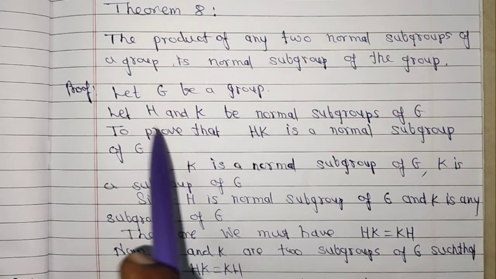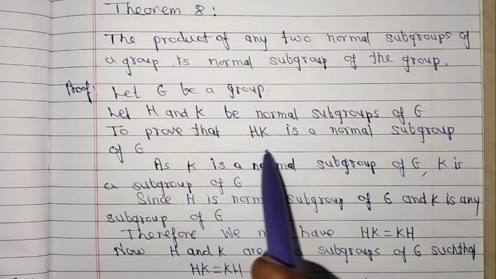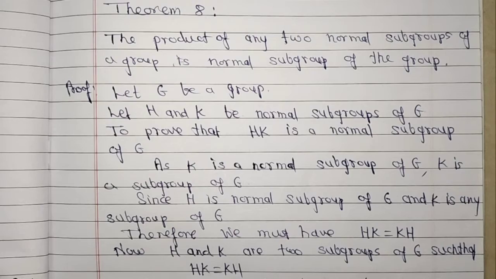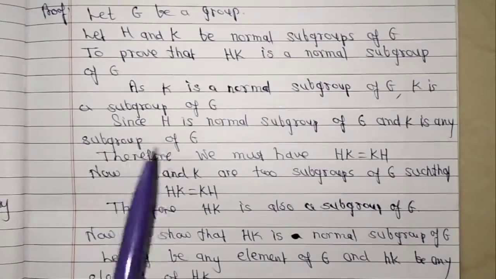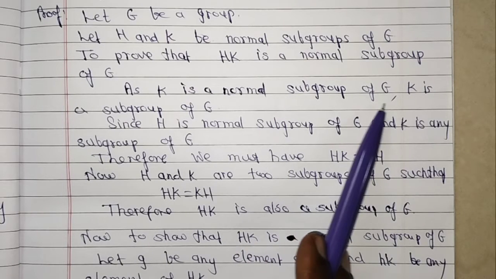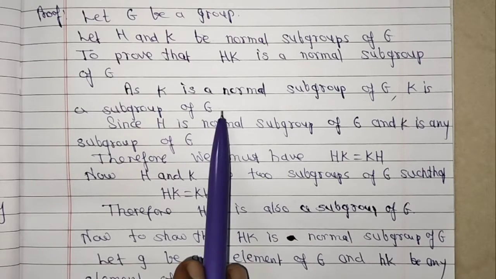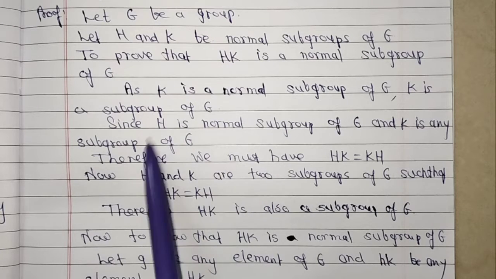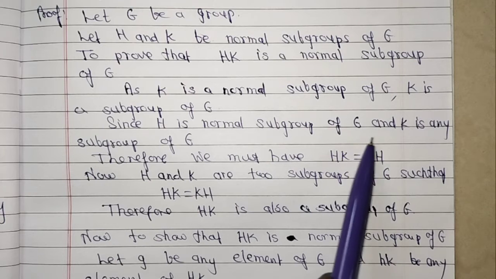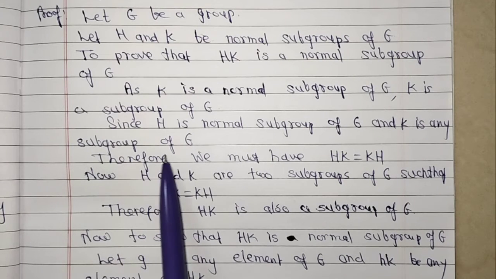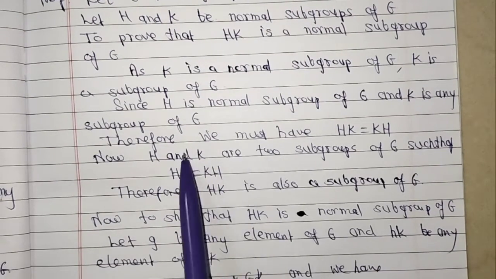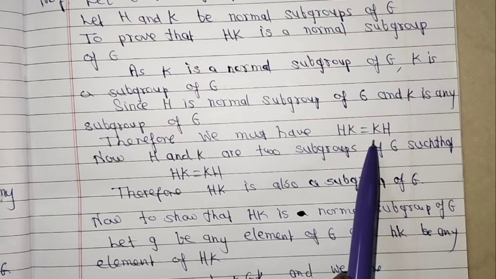Here we have assumed that H and K are normal. So we have to prove that HK is a normal subgroup of group G. Now, as K is a normal subgroup of G and H is a subgroup of G, and since H is also a normal subgroup of G and K is a subgroup of group G, we must have HK equal to KH.